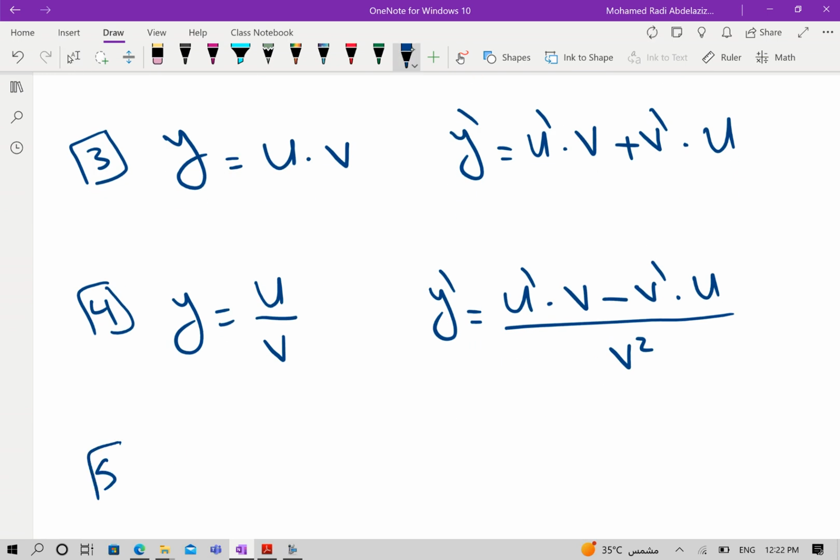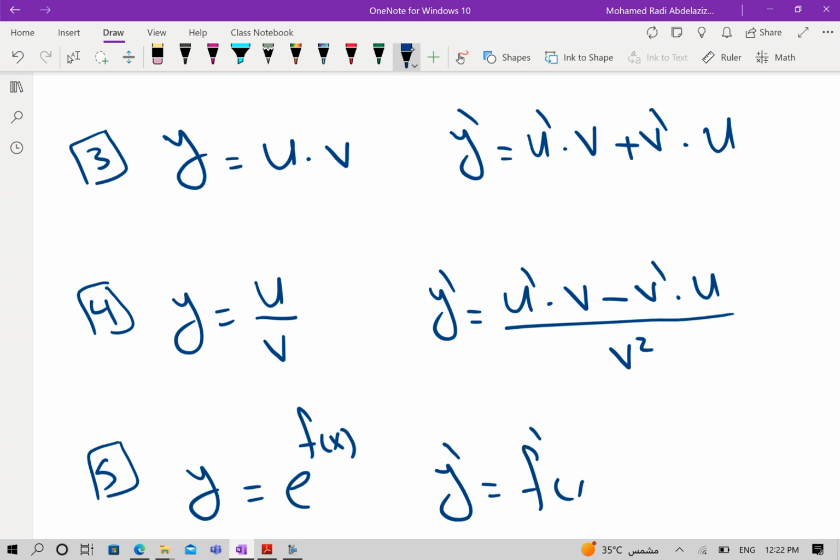Number 5, if a function is written in the form of exponential function e power of f of x, how to differentiate? Differentiation of the function multiplied by the same function.